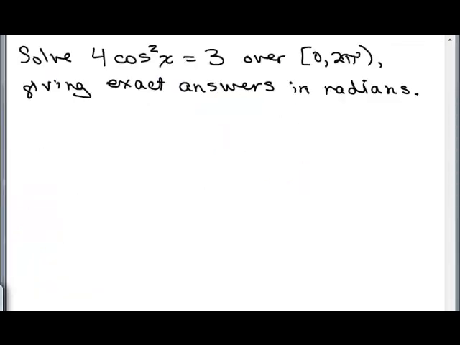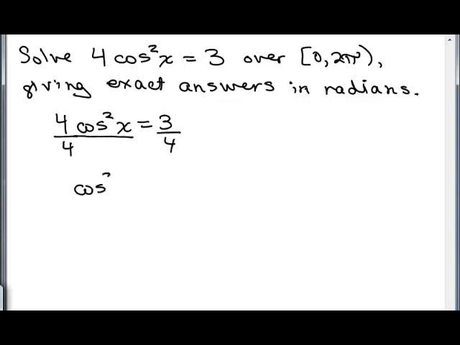All right, so here's another one where we're going to find the values of x in radians, but instead of choosing all values that work for x, we're just going to pick the ones in between 0 and 2 pi. All right, so let's take our equation for 4 cosine squared x equals 3, and again we only have one trig function, the cosine, so let's isolate that by dividing both sides by 4.